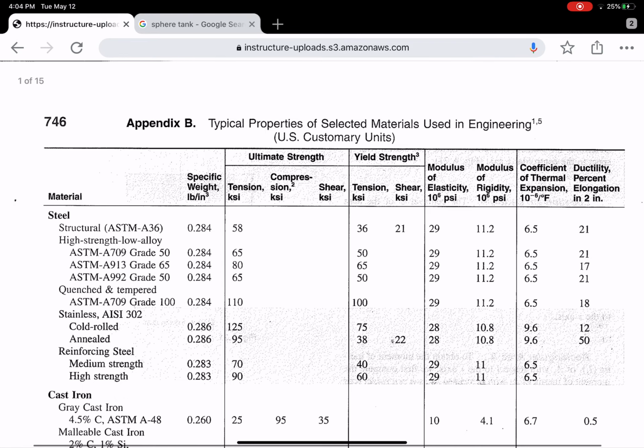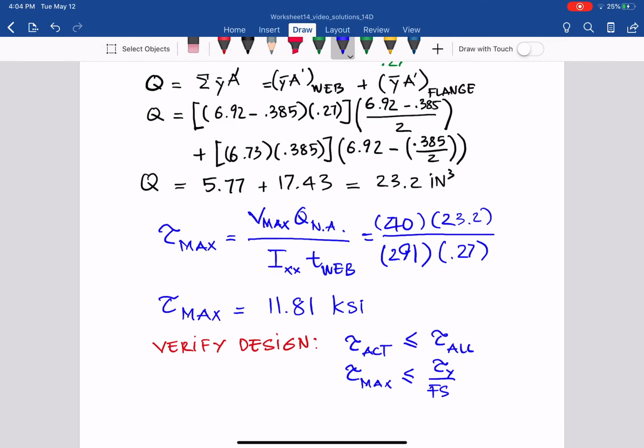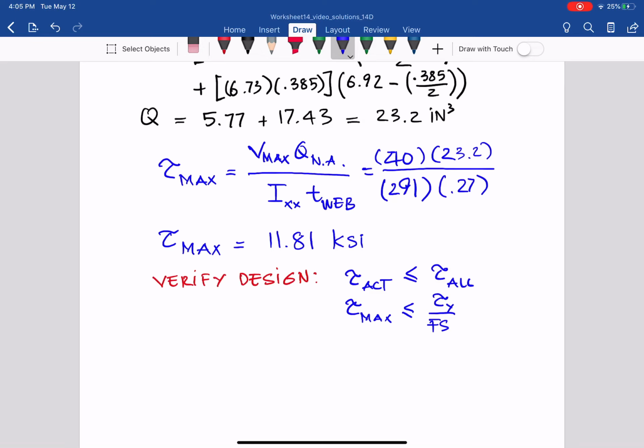So from that we go back here. We can have one side, tau max 11.81 less than 21 ksi. This is appendix B for A36 steel. Everyone see that there? Okay. Divide by factor of safety.